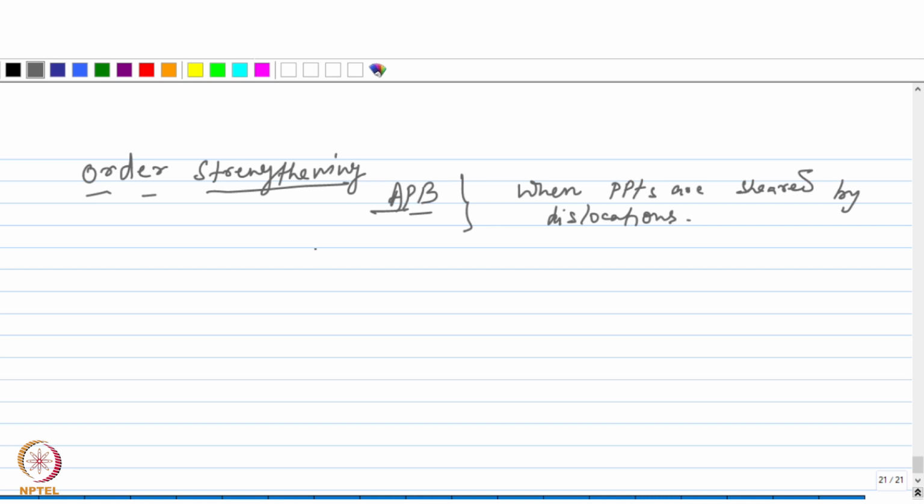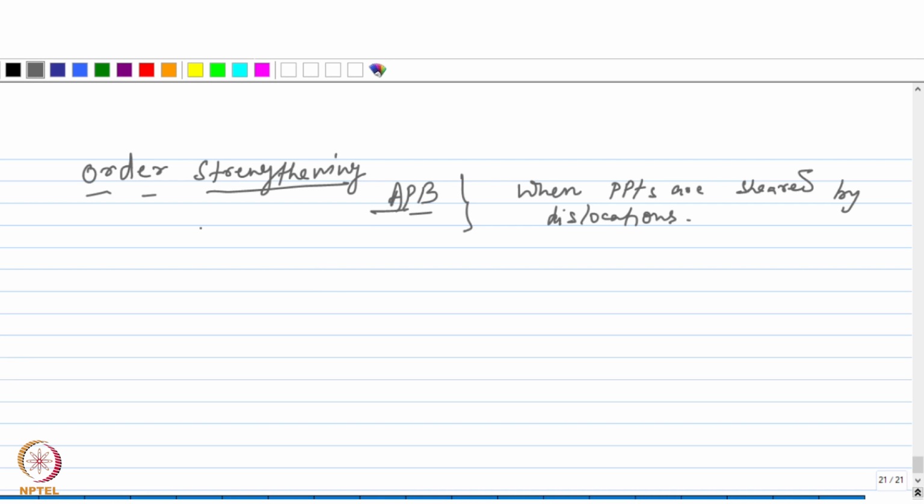Many other precipitates are non-deformable or not shearable, and this kind of non-deformable precipitates will actually stop the dislocations till the stress is raised and the dislocations break free, right? But in this case, as the dislocations encounter the precipitates and as the stress is raised, the dislocations can actually shear through the precipitates, right? So these are shearable precipitates.